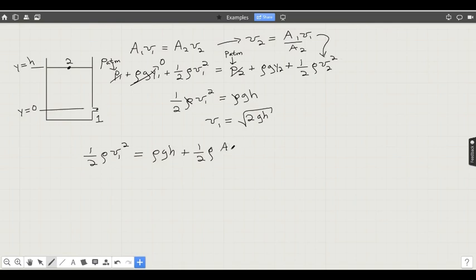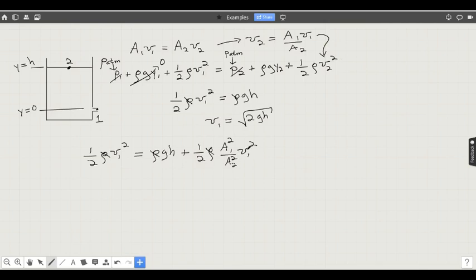Remember, all this is squared, so A1 squared over A2 squared times V1 squared. So our densities will cancel.